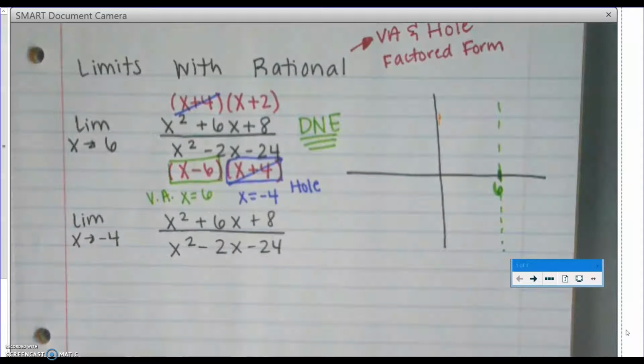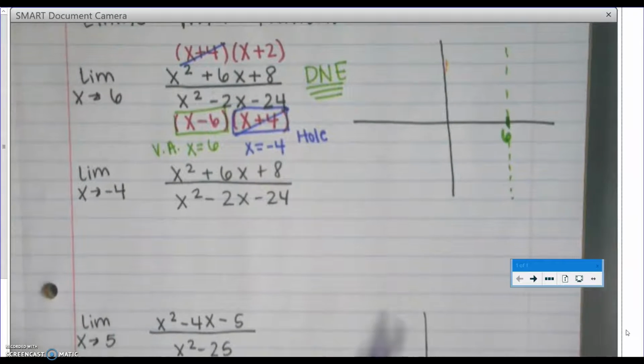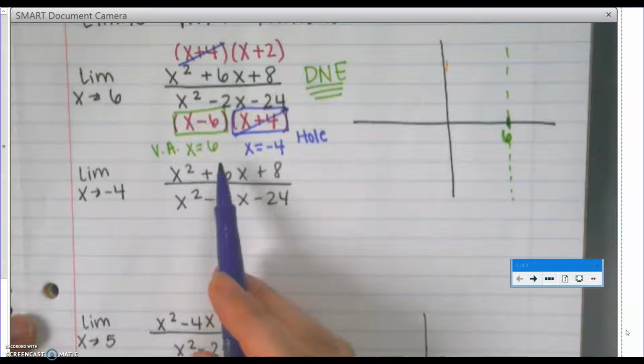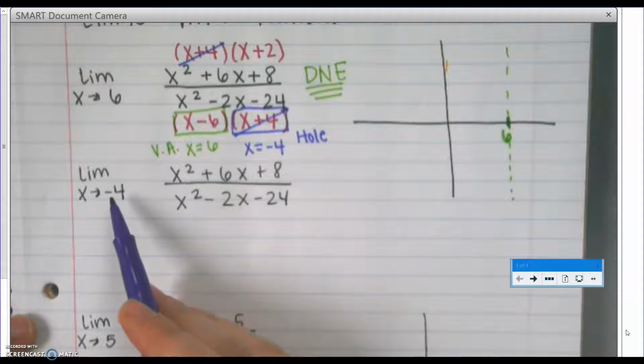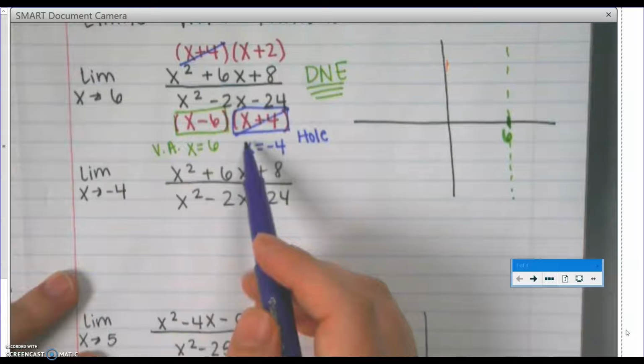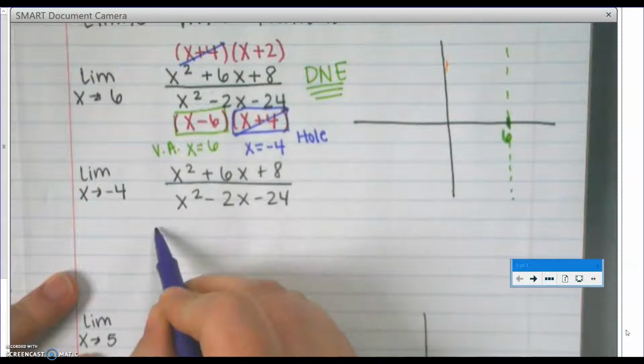Now a hole is a removable discontinuity. So the limit does exist at a hole. I can already tell from this one that this is going to be the hole when x is equal to -4. And so I need to find out exactly where that hole is. So I'm going to be using the simplified version of the fraction.